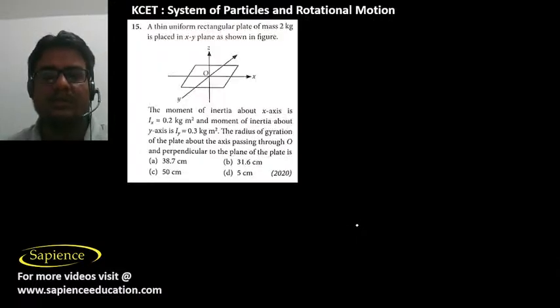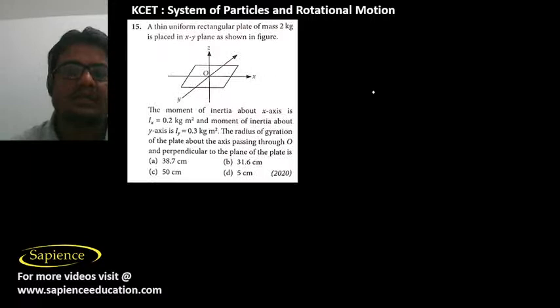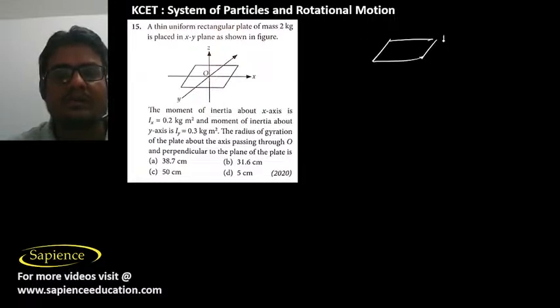Okay, so here we shall solve the last question of this live class. It is told that a thin uniform rectangular plate of mass 2 kg is placed in the xy plane.